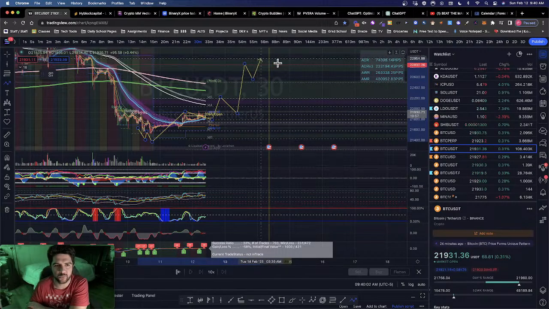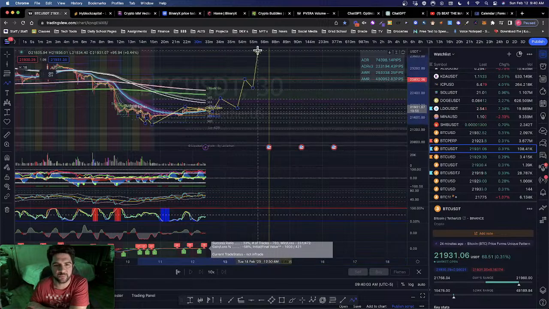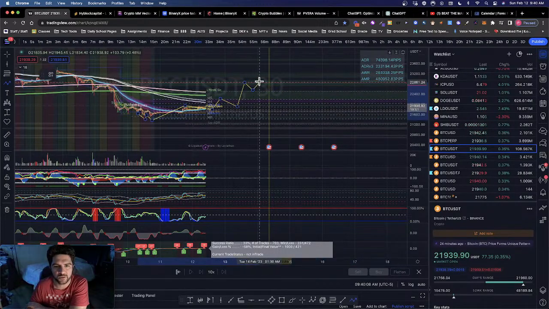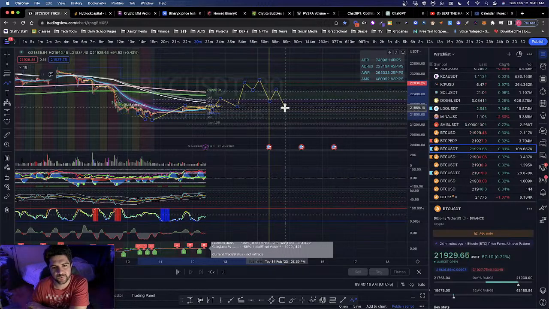And then they can send a wick higher if need be, if people are not stopped out or whatever's going on, because you don't know what's going on in their order books. And then bam, drop. Retrace, drop, retrace, death.